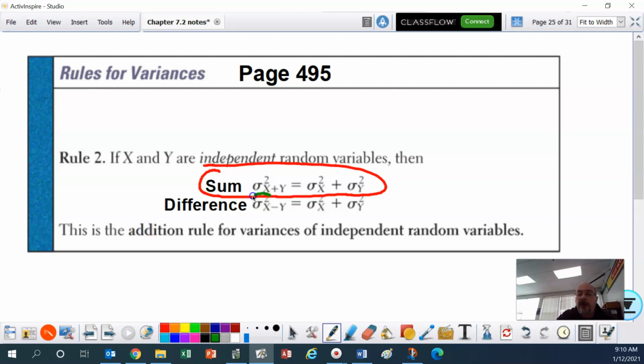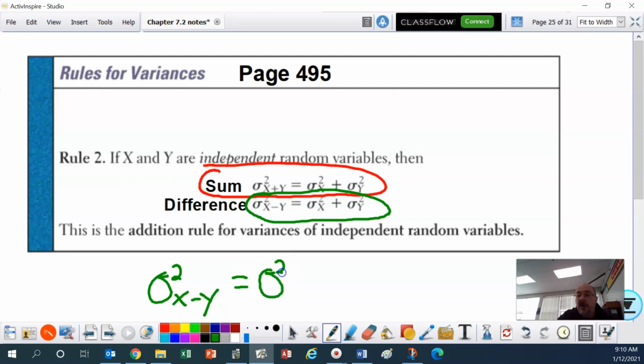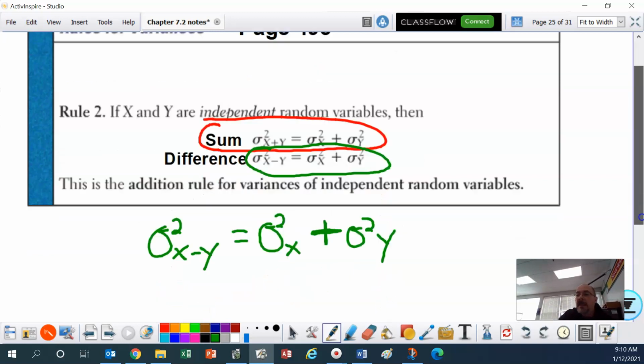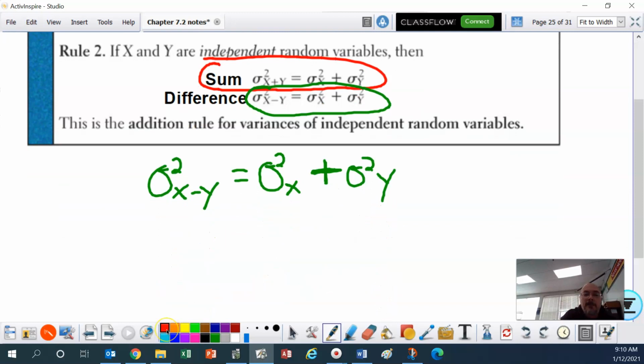But what I want to point out here, folks, is this, and I'm going to rewrite this down here. The variance of x minus y equals, now this is not a typo, the variance of x plus the variance of y. Even though this has a minus in there, we're still going to add them together. And you're going, why? What in the world?